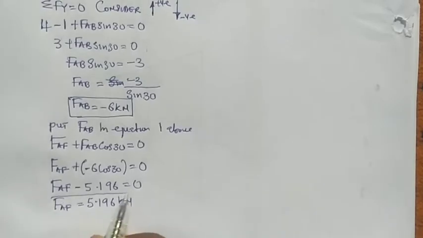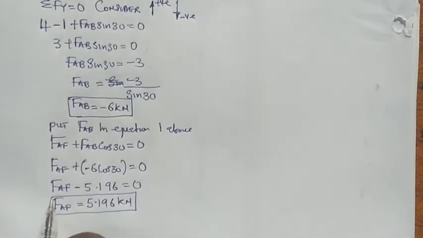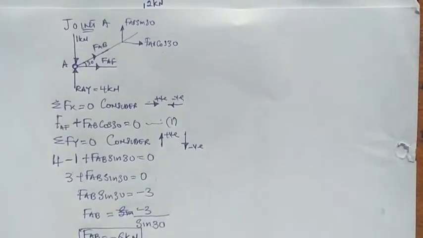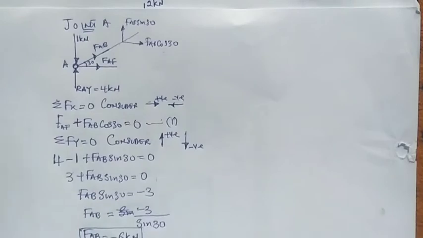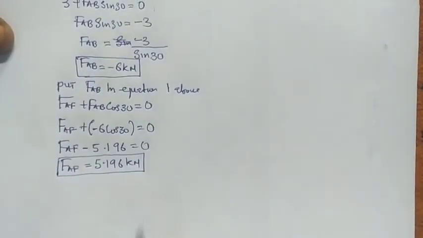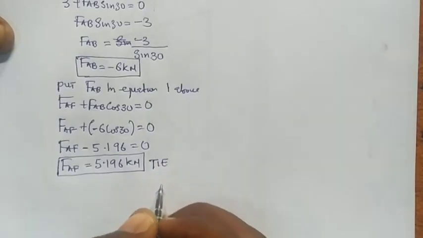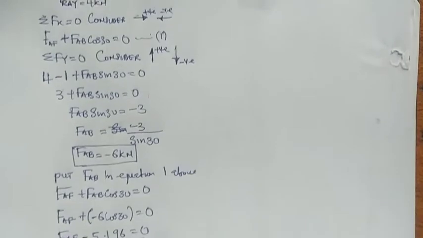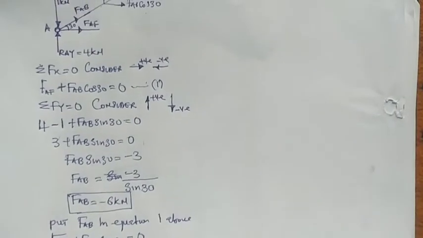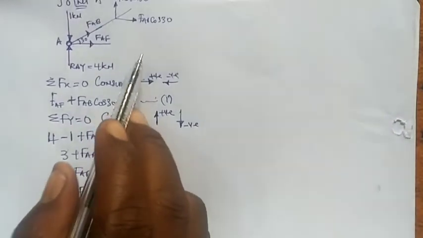So this is my FAF, right? If you look at this very well, FAF is going outward, positive, so it will be an outward force, and that will be a tie, right?